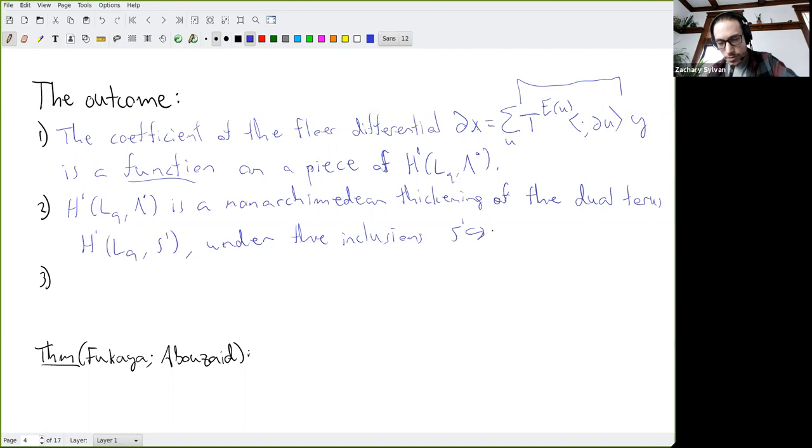S^1 goes into C star, goes into U lambda, I'll say what that is in a second, goes into lambda star. U lambda is what's called the unitary group for lambda, which is just the elements of valuation 0.